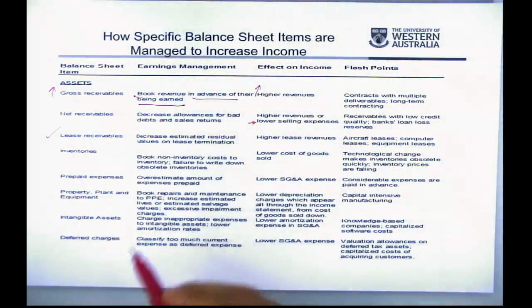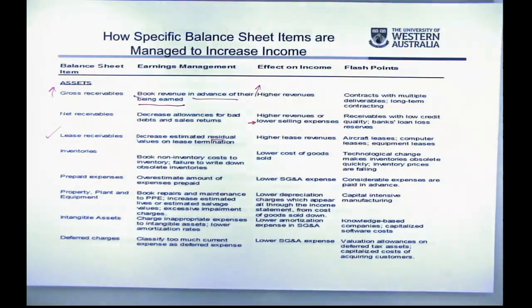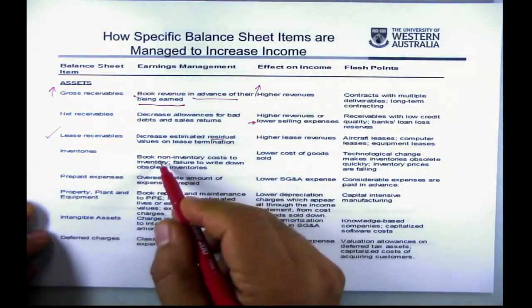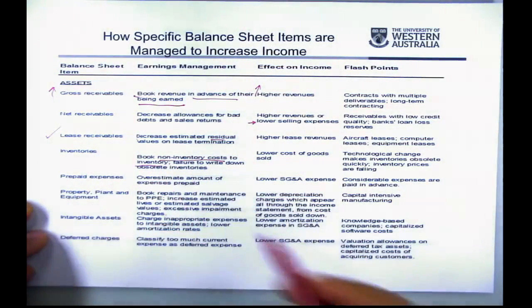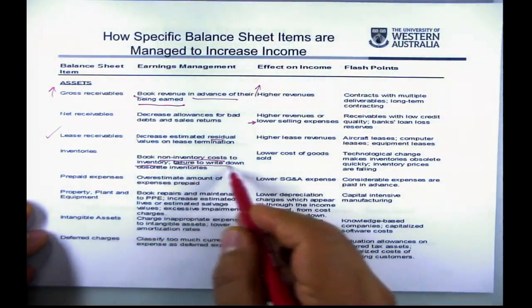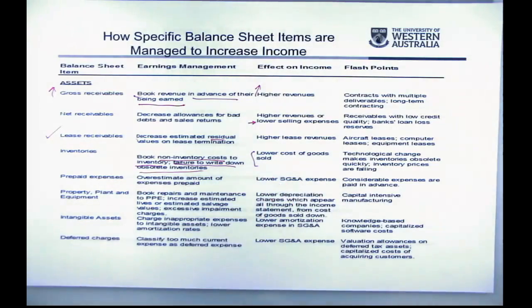Lease receivables, for example, by decreasing the estimated residual value on lease termination. This will inflate the lease payments. Inventories, for example, by booking non-inventory cost to inventory, and also failure to write down obsolete inventories. Of course, that will lower the cost of goods sold, right?